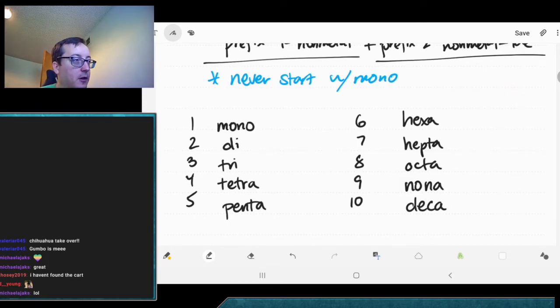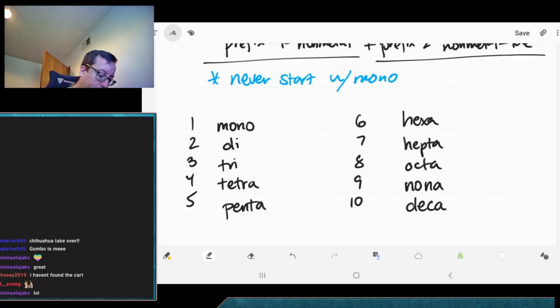So, you'll want to learn these as well. Many of these you'll see are familiar, like hexagon. You've heard that before. Hexa means 6. Octagon, 8. Octahydrate, 8 waters. Tri, 3. Maybe the only one new is tetra, and maybe nona and deca. The rest are probably in your vocabulary already.